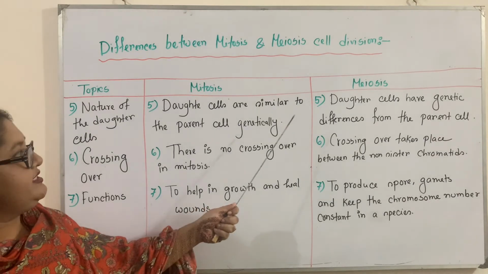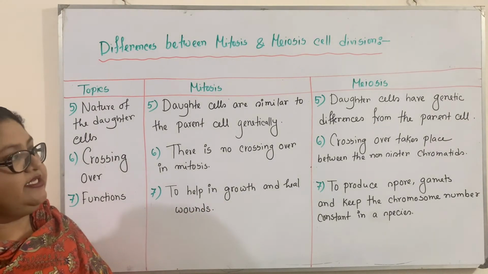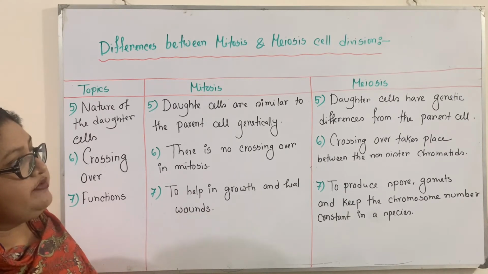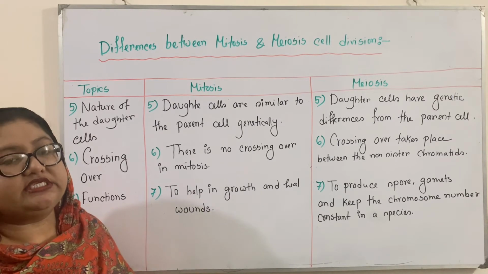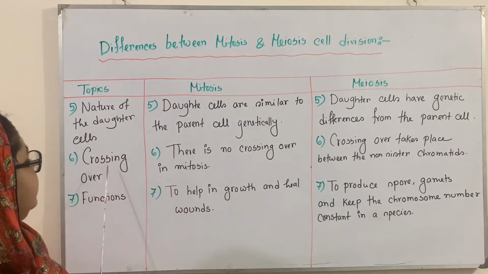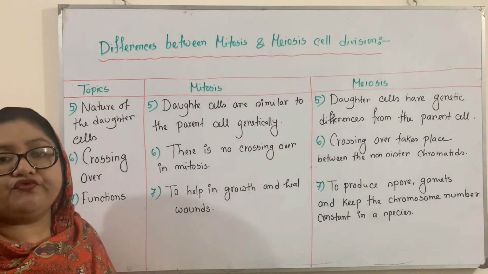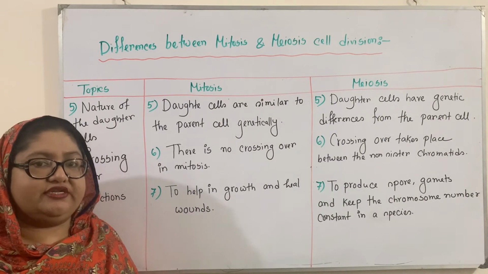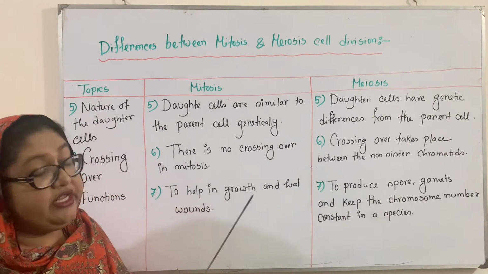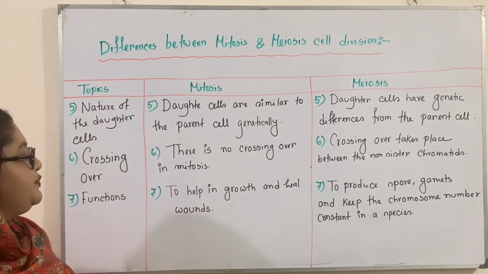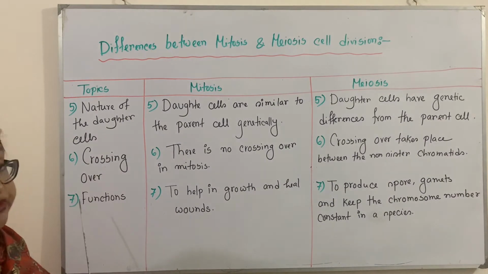Daughter cells are genetically similar to the parent cells in mitosis. But in meiosis, daughter cells have genetic differences from the parent cell. Next, crossing over. There is no crossing over in mitosis. Crossing over takes place in meiosis between the non-sister chromatids, during prophase 1.